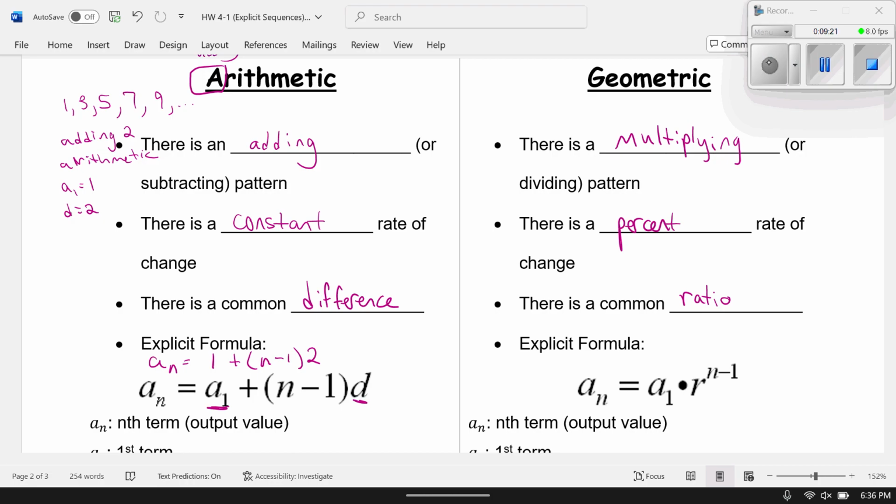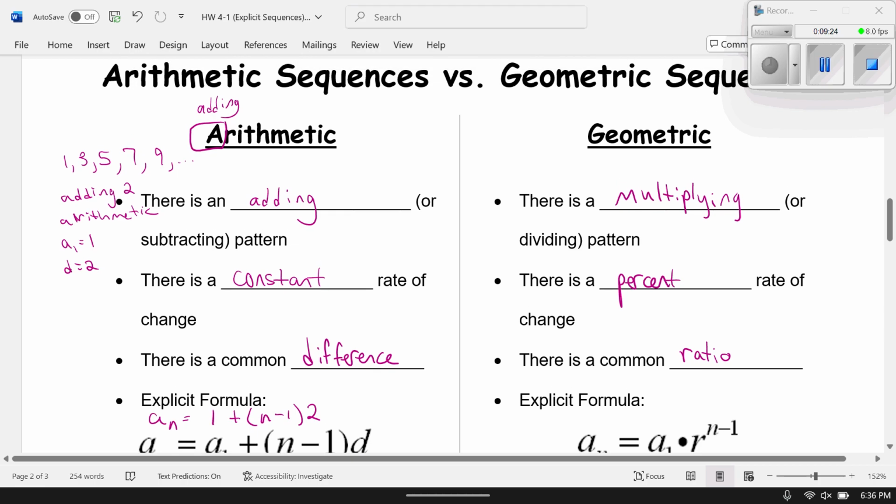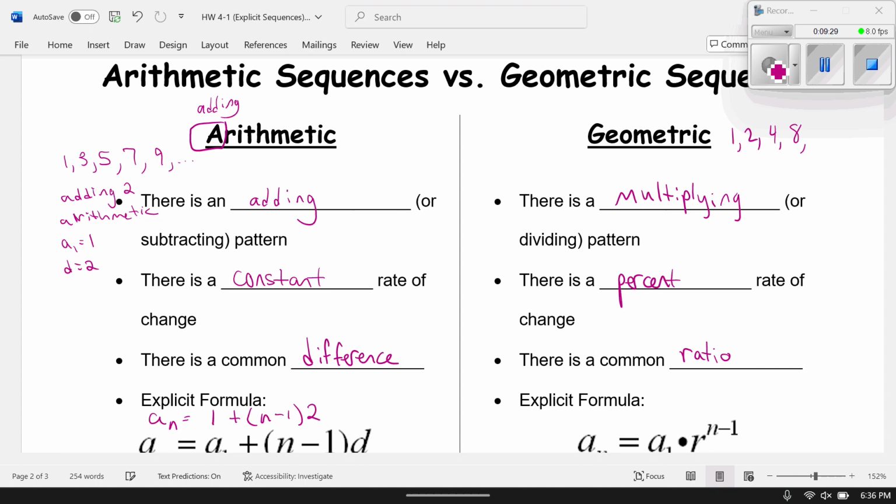So let's see if you have the sequence 1, 2, 4, 8, 16. This is multiplying by 2, meaning we would say this is geometric. Because it's geometric, we would say that your first term is 1 and the common ratio is 2.